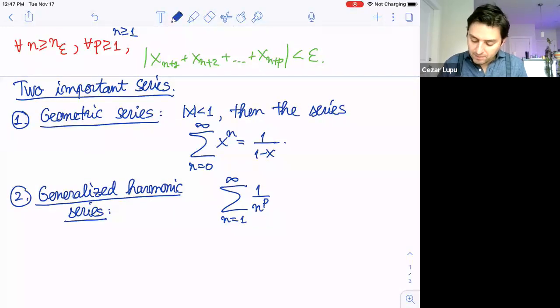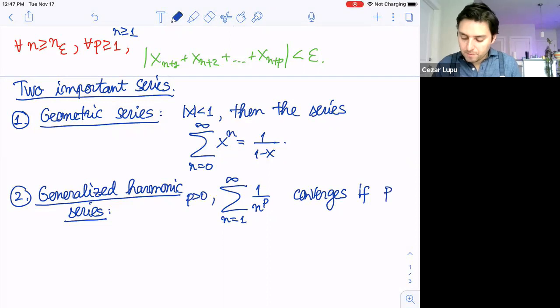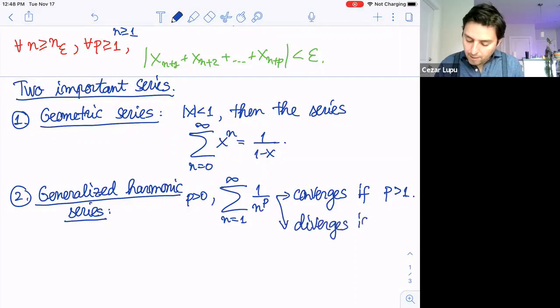So this converges if, let's just say p is positive. Then this series converges if p is greater than 1 and diverges if p is less or equal than 1.